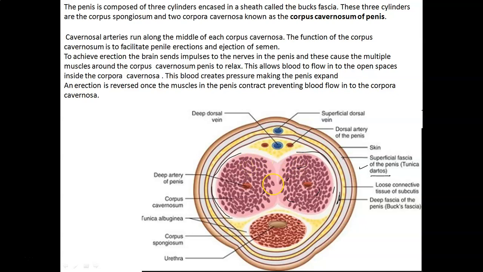When it expands, it allows the passage of semen inside the female reproductive tract, and once the muscles contract again, the erection is reversed. So these 3 play an important role in ejection of semen.